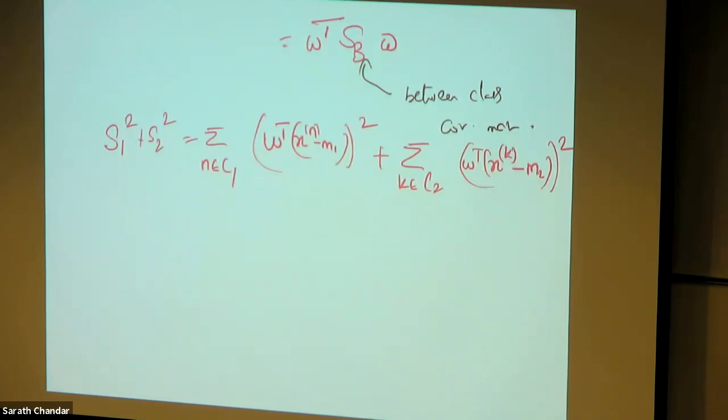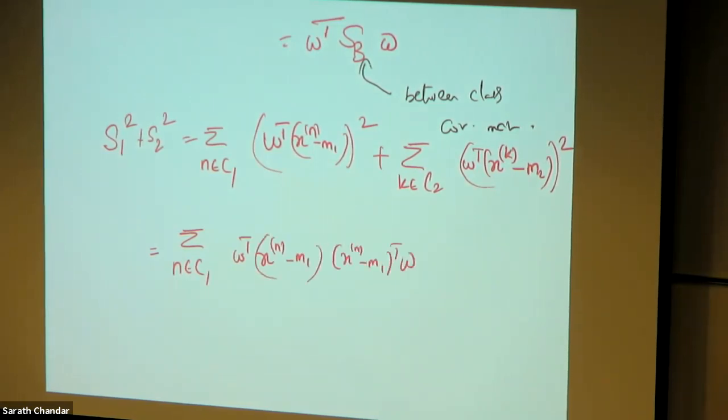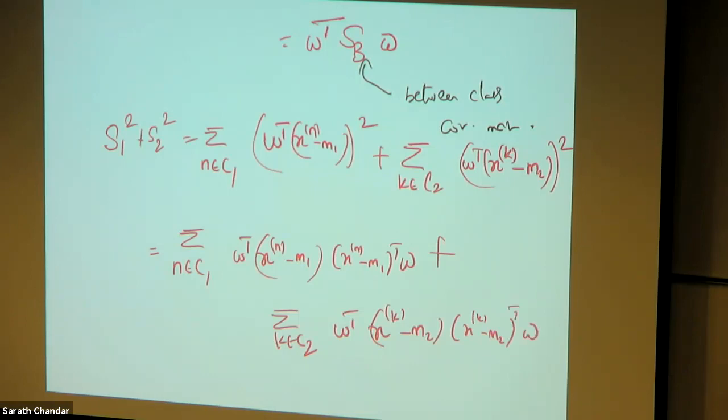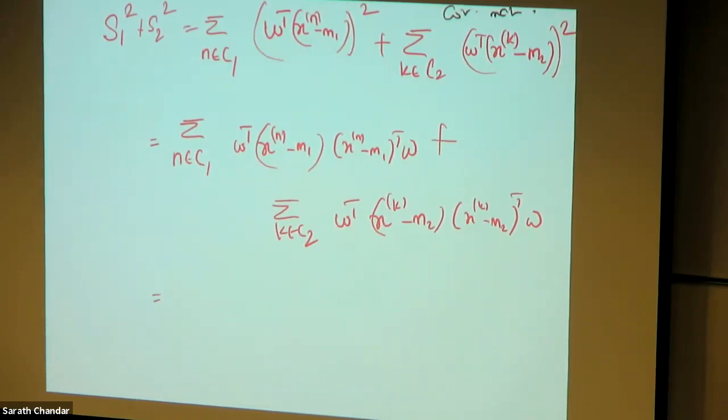I can expand it similarly: summation over n belonging to C1, w transpose xn minus m1, xn minus m1 transpose w, plus summation over k belonging to C2, w transpose xk minus m2, xk minus m2 transpose w. I'm going to put all of this into one notation. We're just going to call the whole thing w transpose SW w.